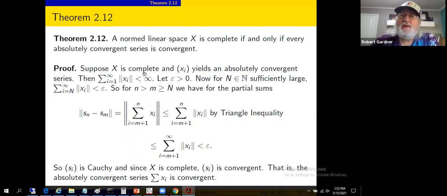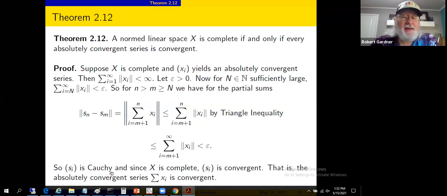We're assuming completeness. What's the definition of completeness? Cauchy sequences converge, in normed linear spaces. So by showing S sub i is a Cauchy sequence, then we know S sub i converges because we've hypothesized that the normed linear space is complete, and that means Cauchy sequences converge. So this series S sub i converges.